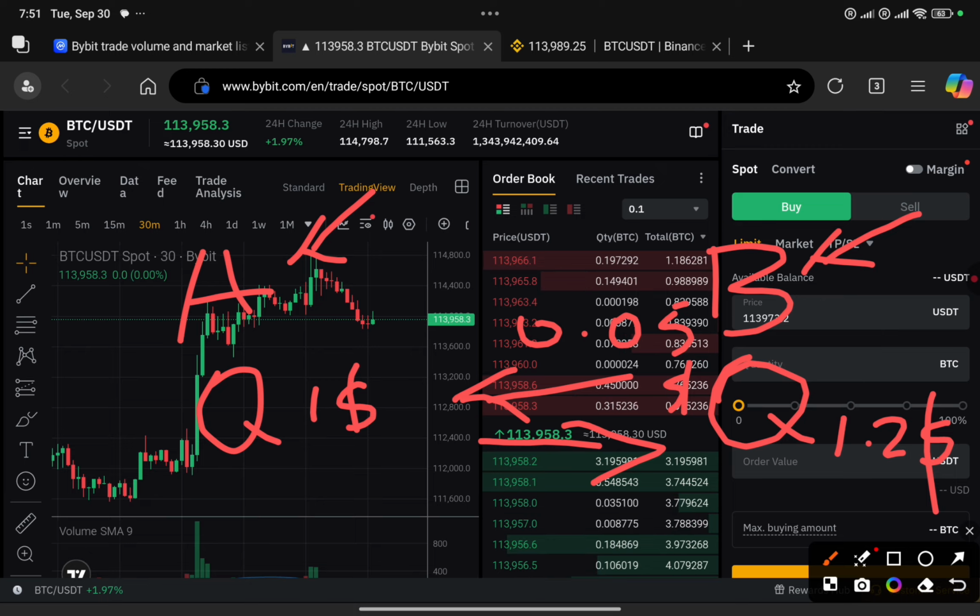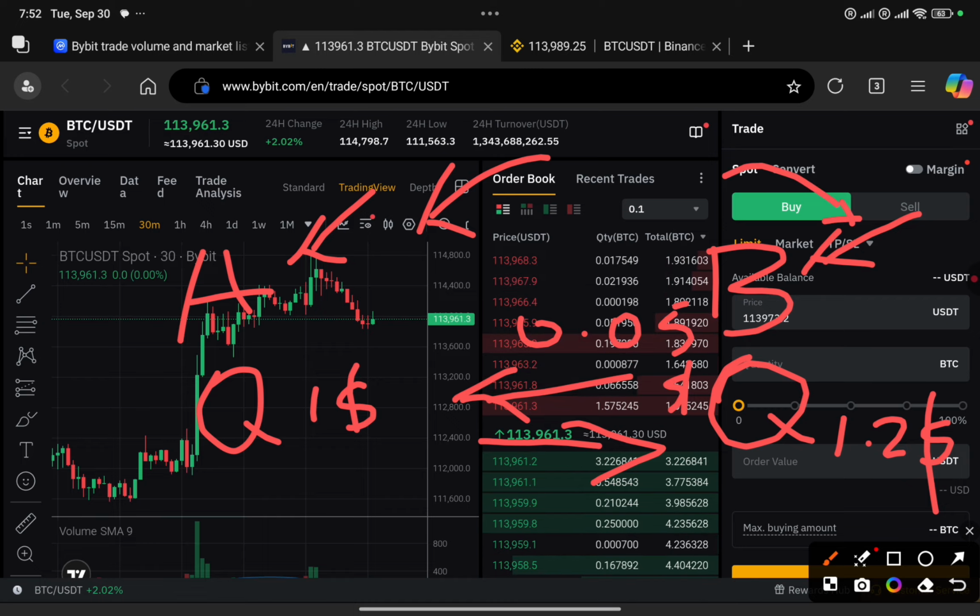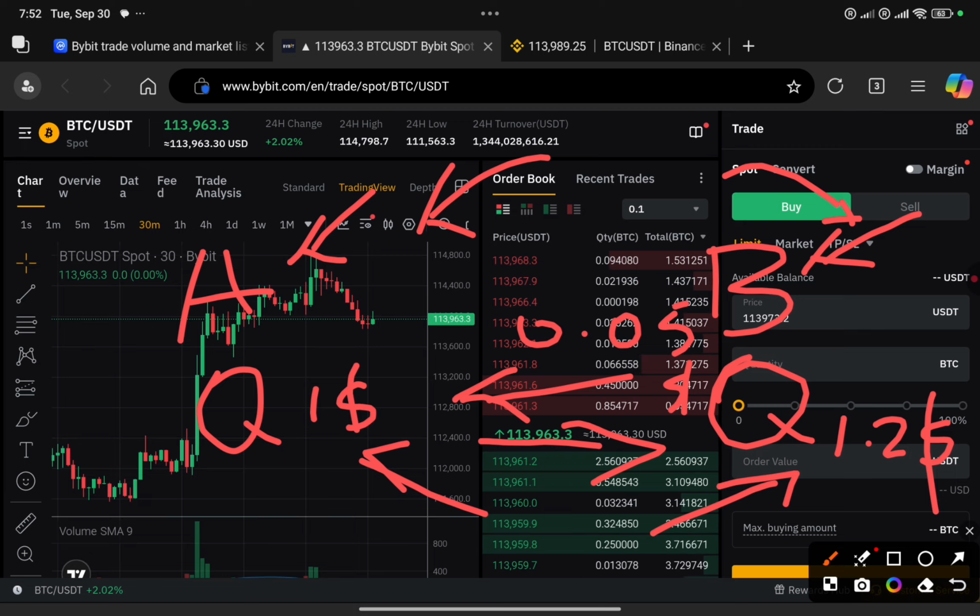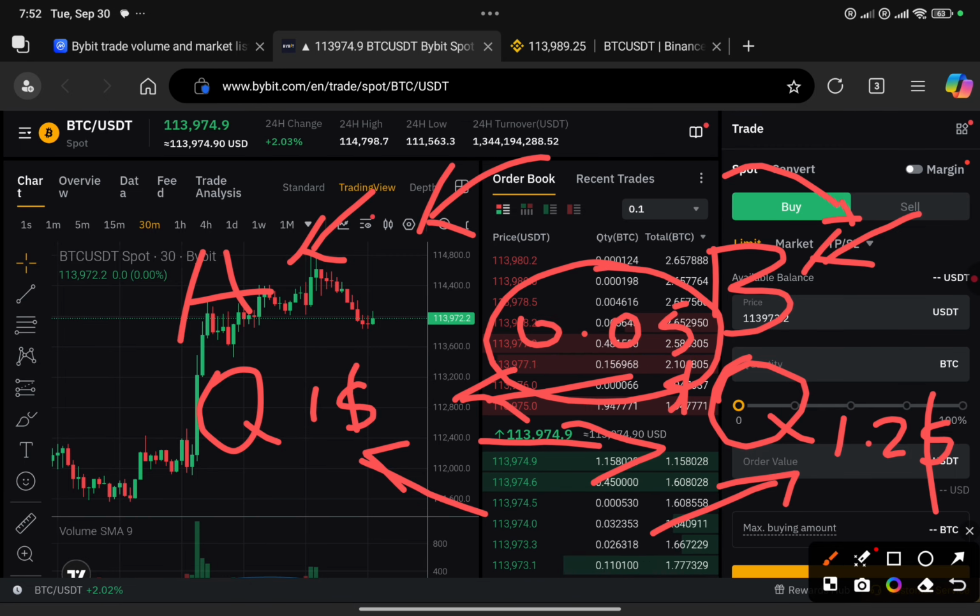Regardless, what it means is that these guys are selling cheaper than these guys are buying, right? So it creates an arbitrage opportunity where you as the trader go over here and buy, and then you rush over here and sell. You minus the transport fee or the gas fee it takes you to drive from market A to market B from the profit you made.